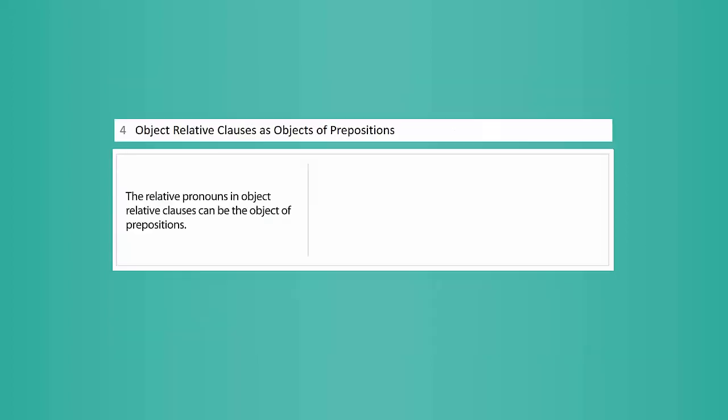The next part is object relative clauses as objects of prepositions. The relative pronouns in object relative clauses can be the object of prepositions. For example, there's the police officer. I spoke to her. We can use relative pronoun whom and the preposition to. For example, we have the sentence, there's the police officer to whom I spoke.